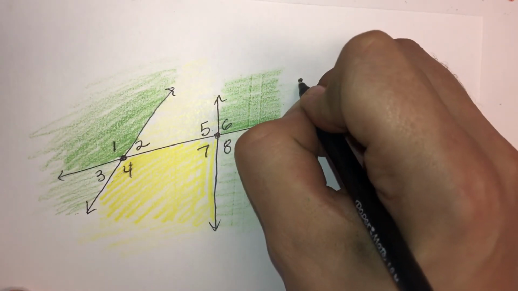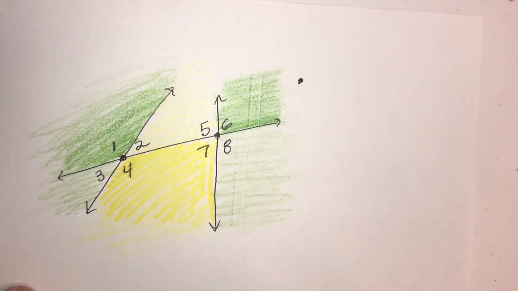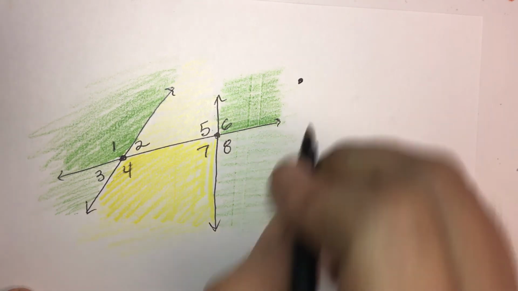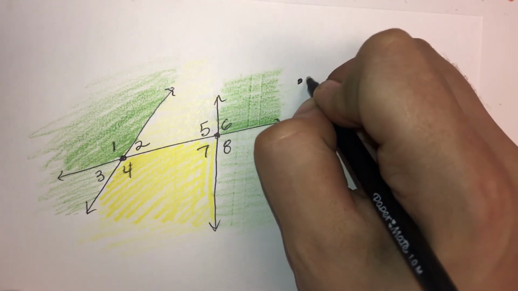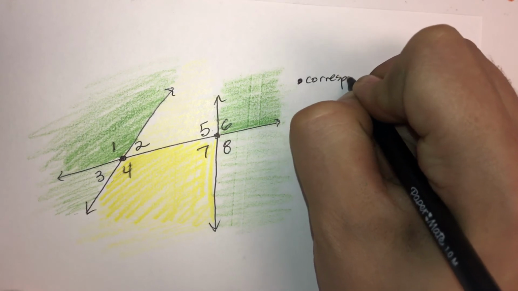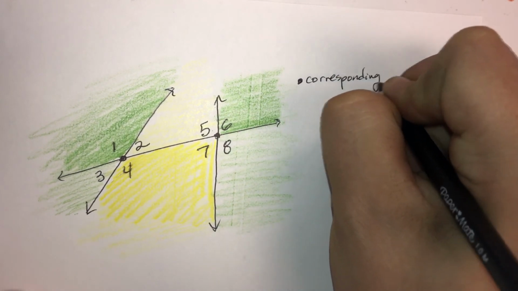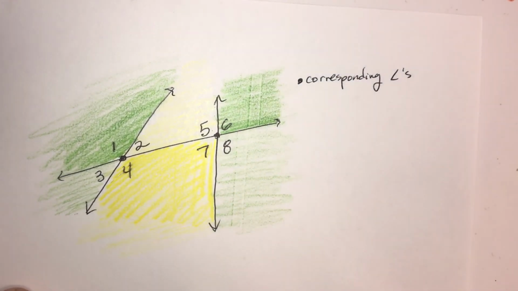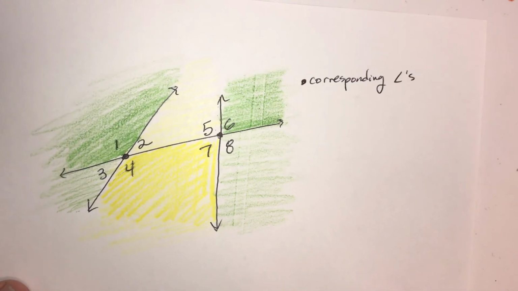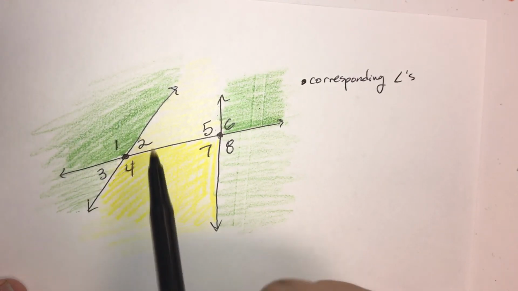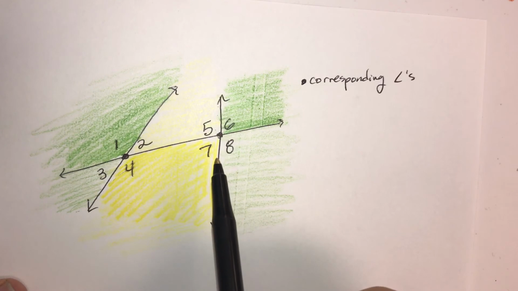Our first set of angle pairs is our corresponding angles. Corresponding angles are angles that appear in the same orientation in the two different intersections.